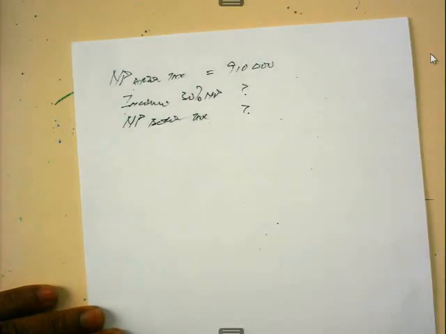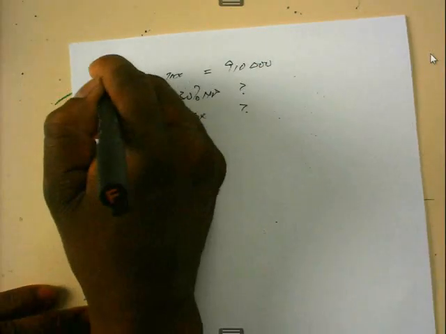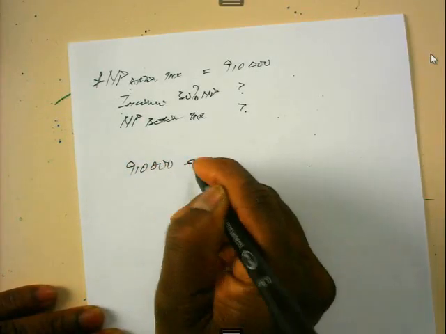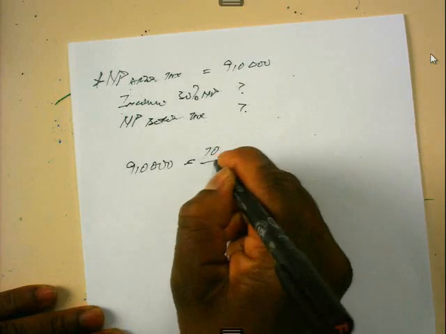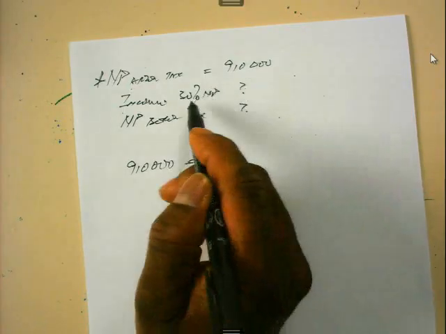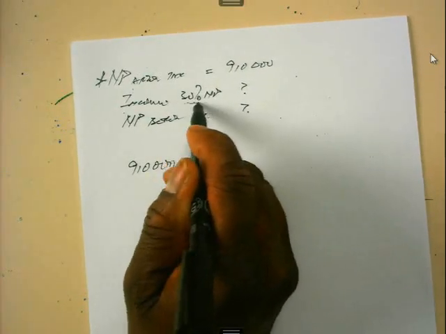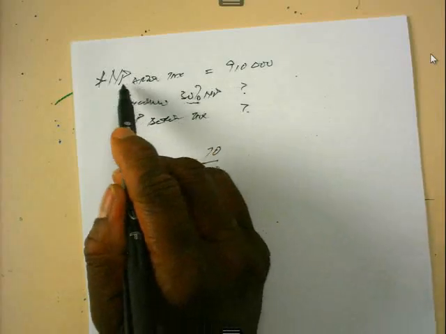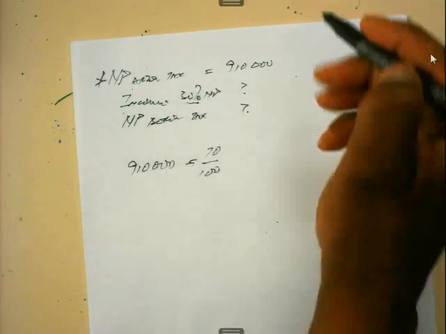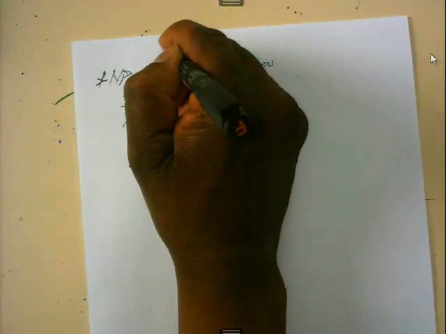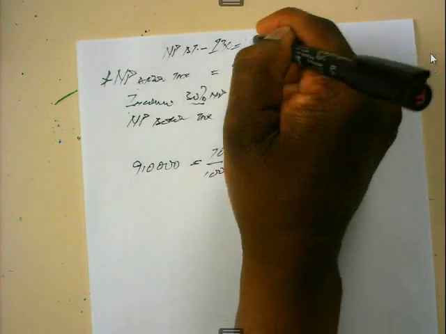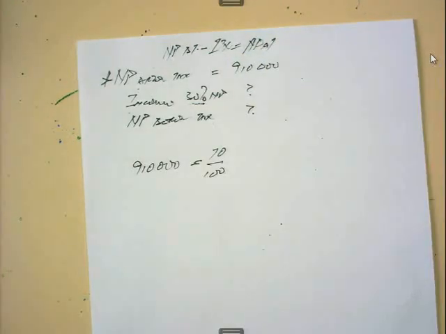It means your 910,000 is equal to 70% of your net profit before tax. If your income tax is 30%, then net profit before tax minus income tax is equal to net profit after tax.